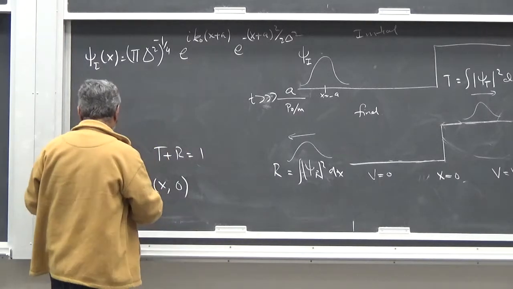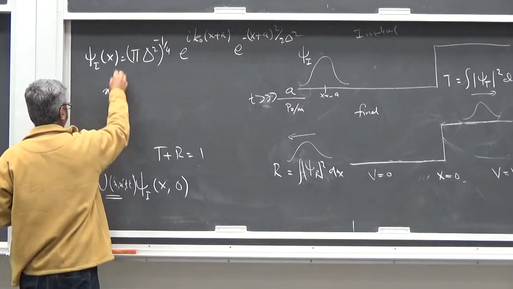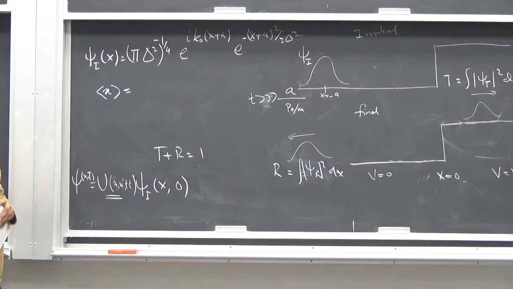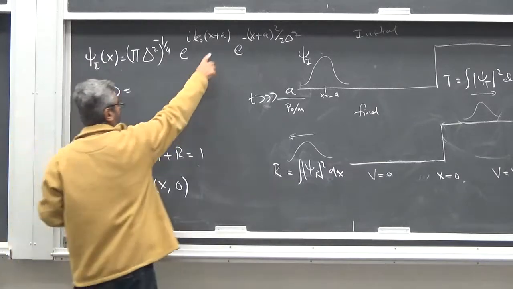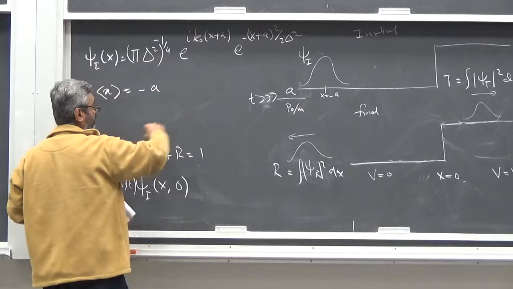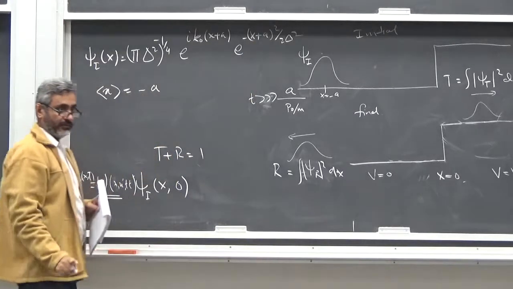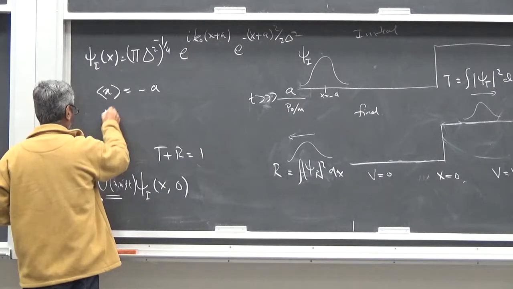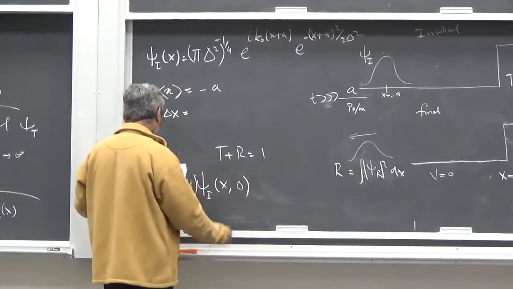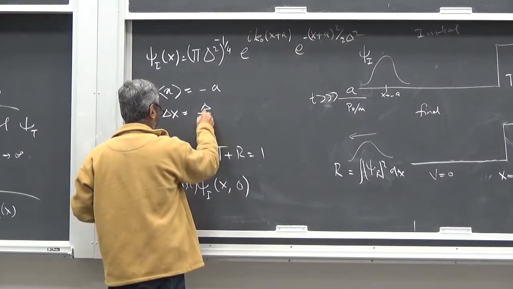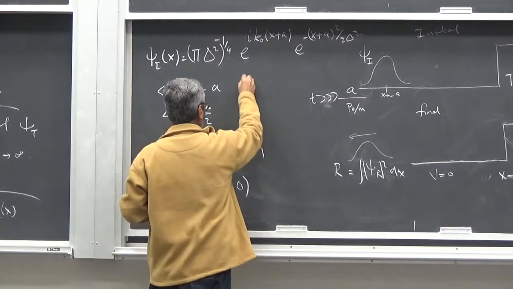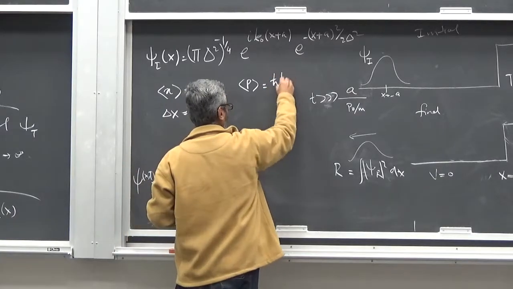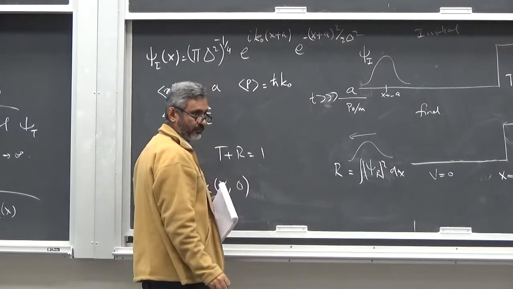In fact, इसका अगर ये आपके पास हो तो ये क्या चीज है, ये किसके इक्वल है? minus a, right? अच्छा, और डेल्टा x किसके इक्वल है? ये आप लोगों ने एक्सरसाइज की हुई है पहले। और p किसके इक्वल है? k star, right?